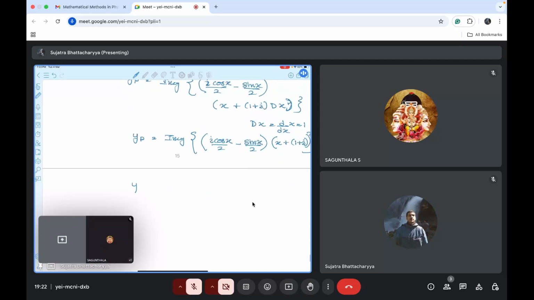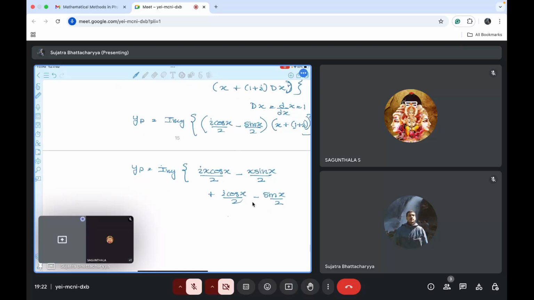So we can write this further as the imaginary part of iota x cos x by 2 minus x sin x by 2 plus iota cos x by 2, this multiplying with 1, minus sin x by 2, and finally iota square will be minus cos x by 2 and minus iota sin x by 2.